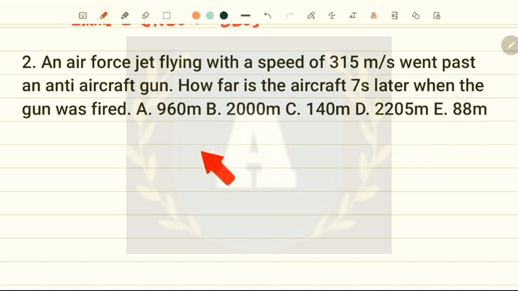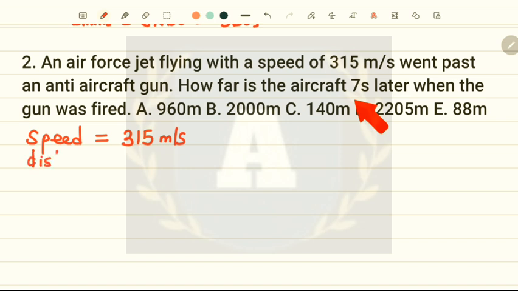Here we were given the speed of the aircraft, 315 meters per second. It says how far is the aircraft, so what we are meant to calculate there is the distance.